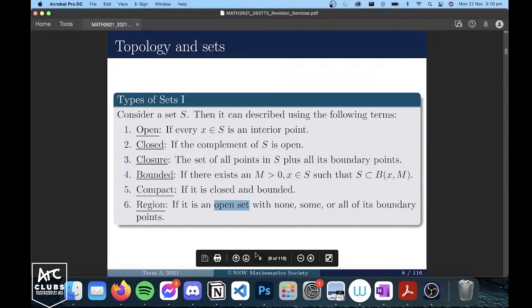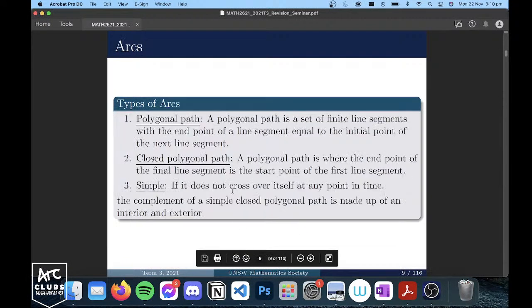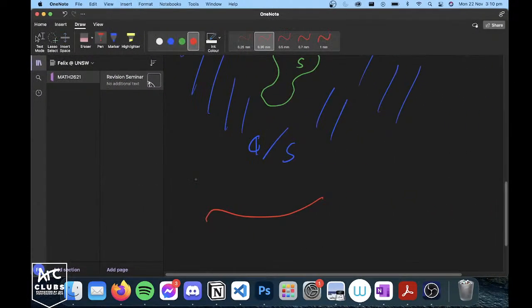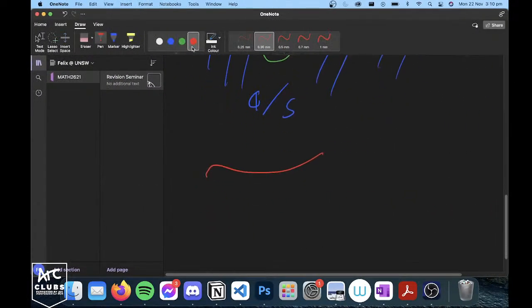Yeah. And then let's look at arcs. A polygonal connected path is one where, if you have a set, like, let's use white, like this. A polygonal path is basically like, if you have one point and another point, you can connect it using just one line.